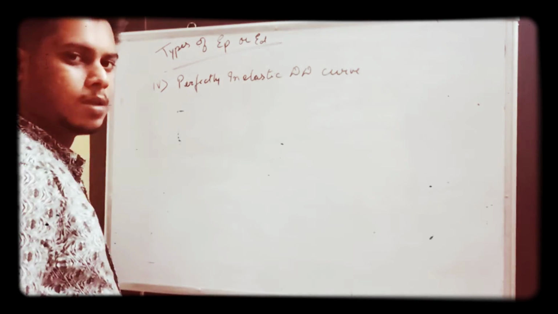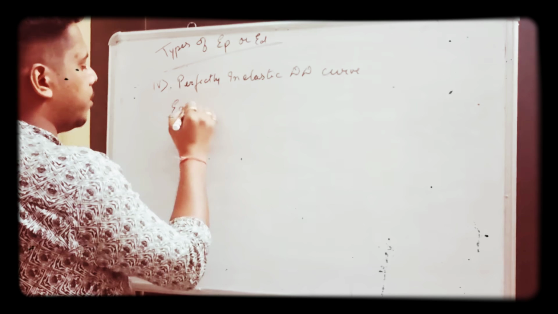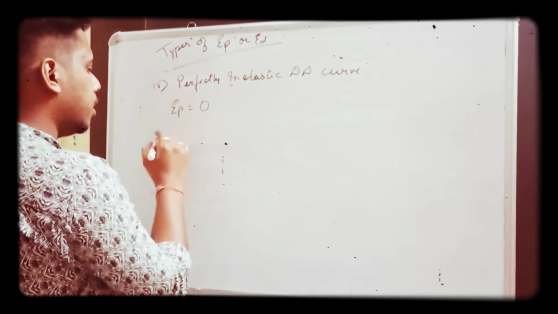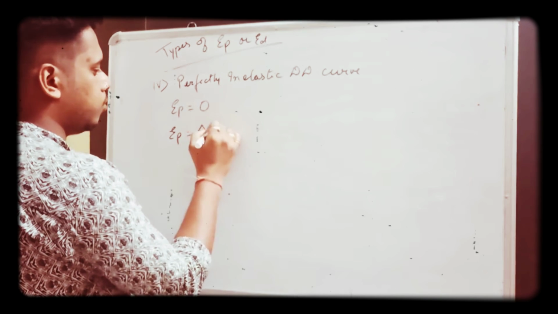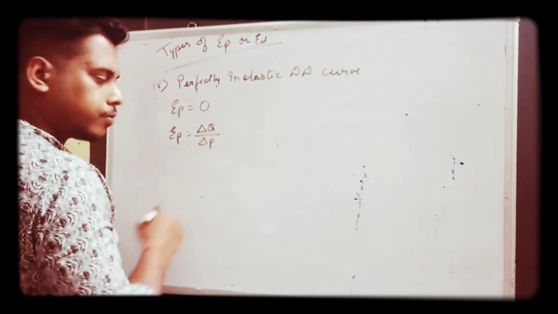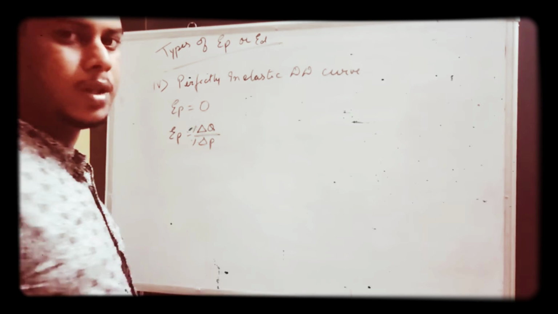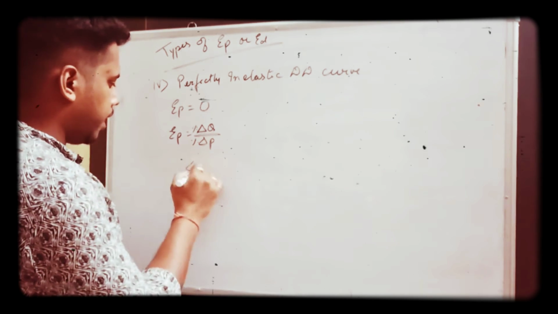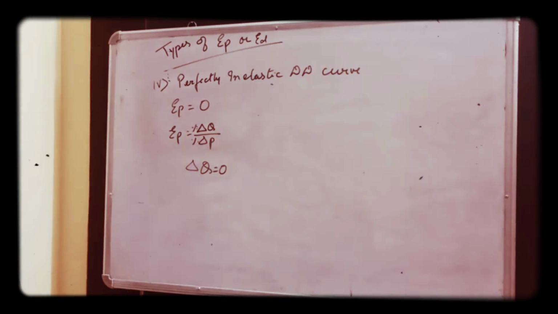Perfectly inelastic demand curve. Now in this case, the value of EP should be 0. So going by the formula, del Q by del P. Now for this ratio to be equal to 0, del Q needs to be 0. The numerator part needs to be 0. Okay.